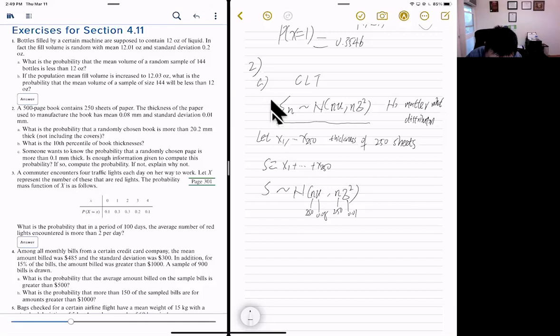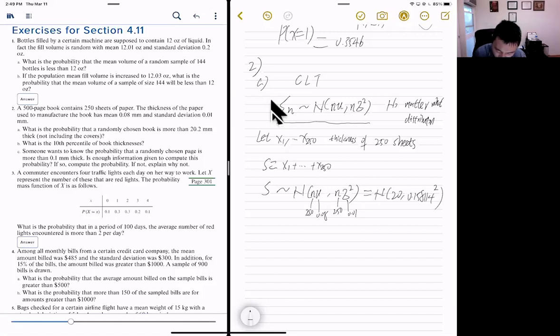From there, we know S, the total thickness of the book, follows a normal distribution with these parameters.